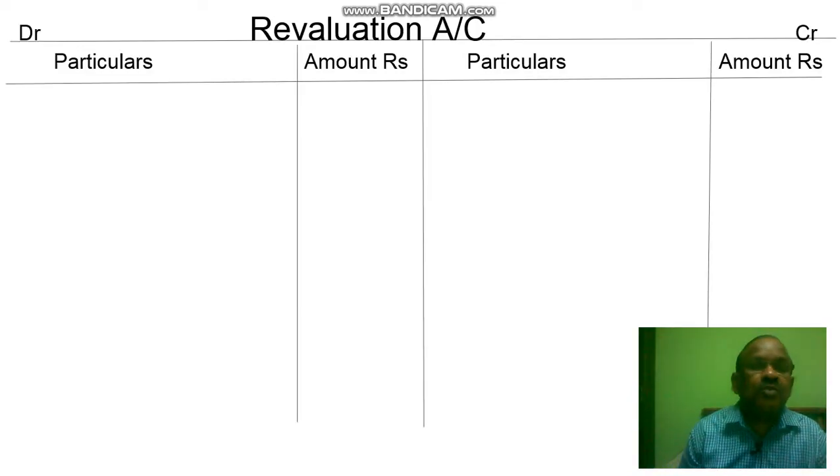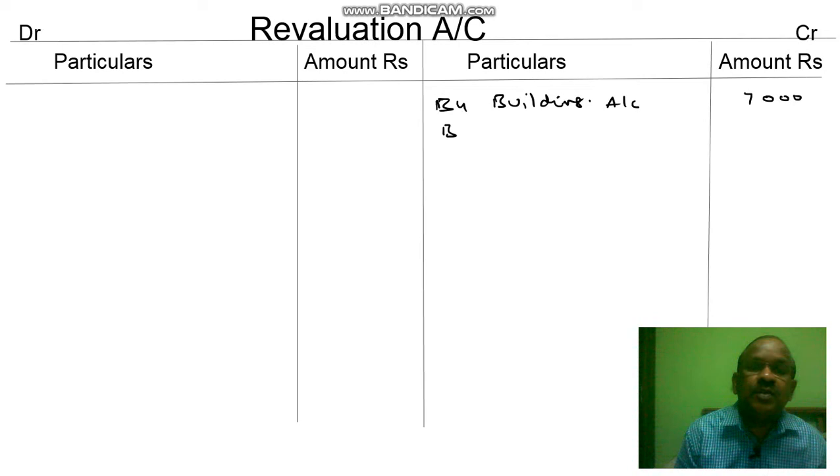Now we are going to prepare the revaluation account. Here on the credit side is buildings. By buildings account, it is appreciated by 7,000.